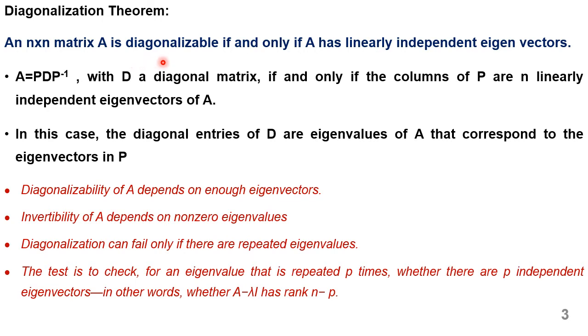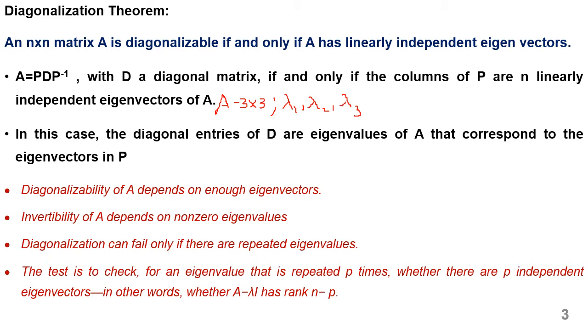is diagonalizable. For example, let me take a matrix A. Say it is a 3 cross 3 matrix. Corresponding to this matrix, we can find 3 lambda values, the eigenvalues.